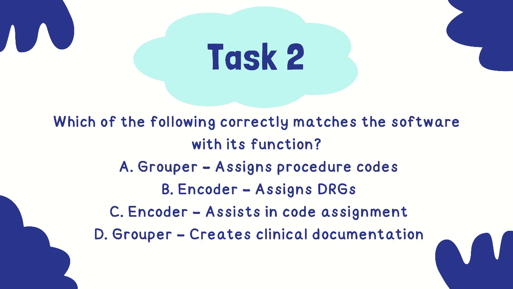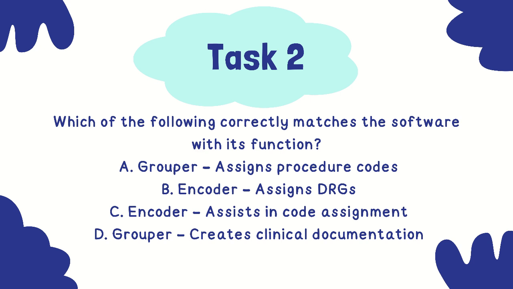All right, next up. Which of the following correctly matches the software with its function? Grouper assigns procedure codes? No, an encoder assigns procedure codes and diagnosis codes. A grouper does not create clinical documentation.